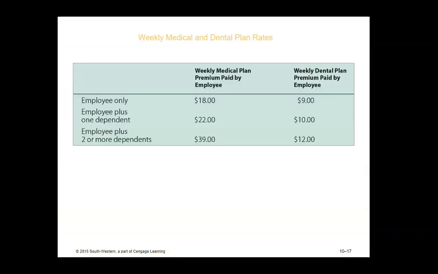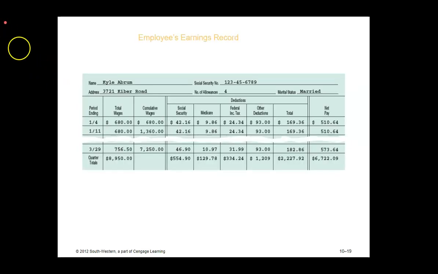Some other deductions include things like medical or dental or even vision. And these premiums really depend on the plans that your employer offers and the plans that the employee chooses from the available ones. Okay, and so employers also have to take into account how much wages that they have paid their employees, either monthly, quarterly, and yearly.